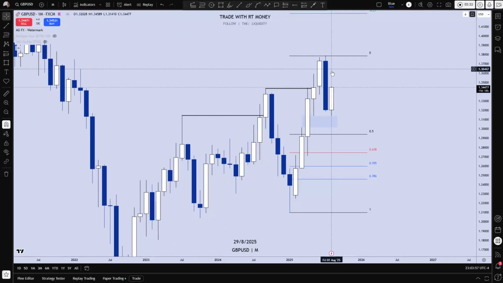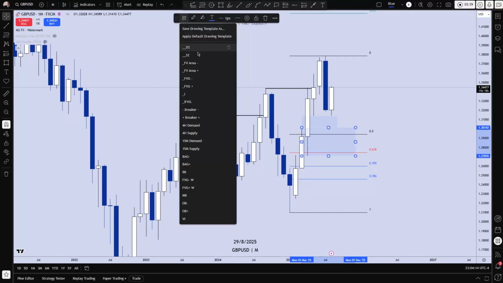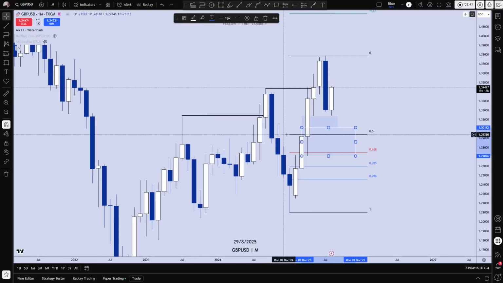Optimally, we want to be below the 50% in order to catch prices going up high. But what we have here, these sell to buy wicks on the lower time frames, there is an area of demand. This will form an order block, and let's see what we're talking about.